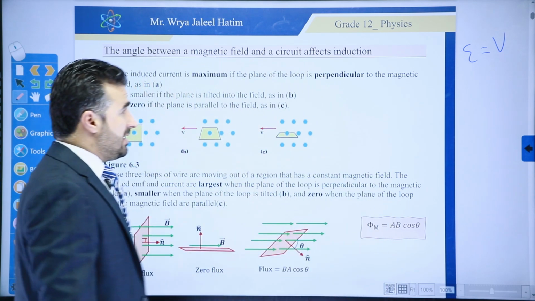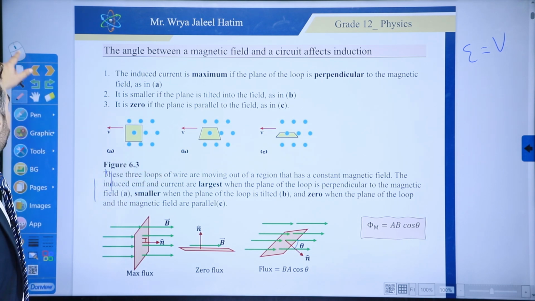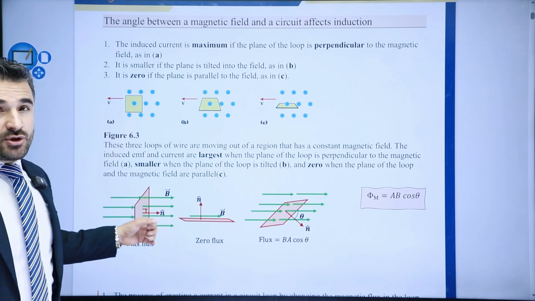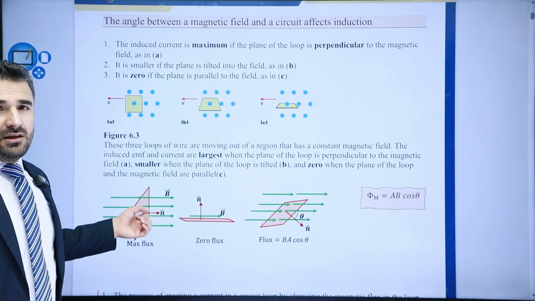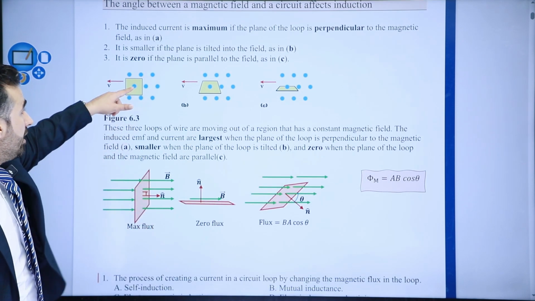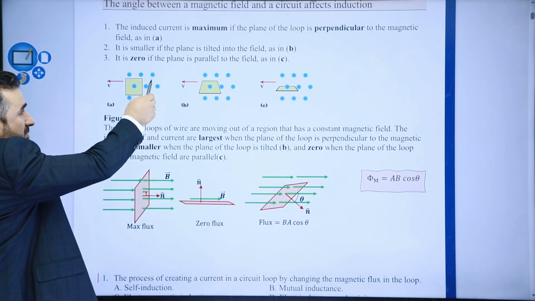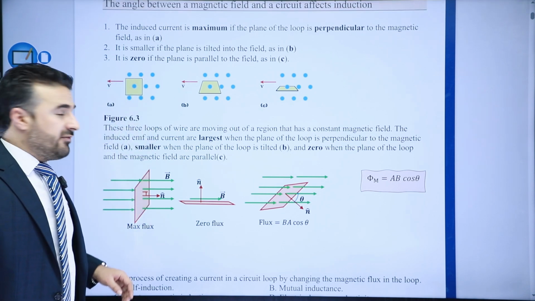Then we ended up covering this, by the way. We said the induced electromotive force will be maximum, remember this, if the magnetic field lines are perpendicularly crossing the cross-sectional area of the coil, just like this one, or you can see this one as well. Remember, this is the direction of the motion. That means these magnetic field lines are cutting through the cross-sectional area of the coil here.